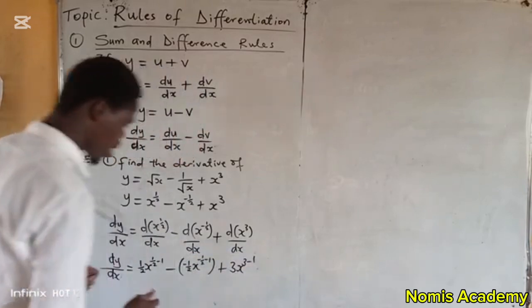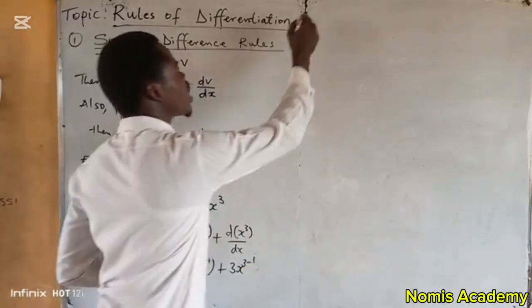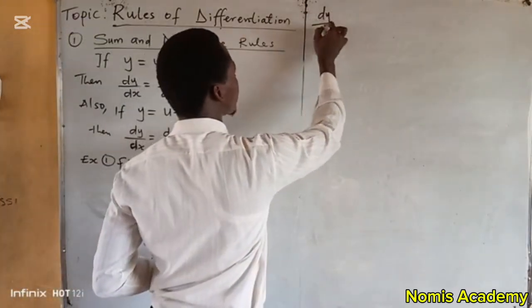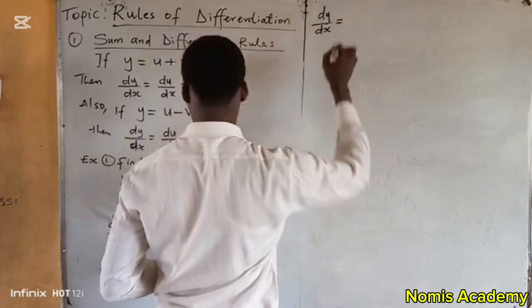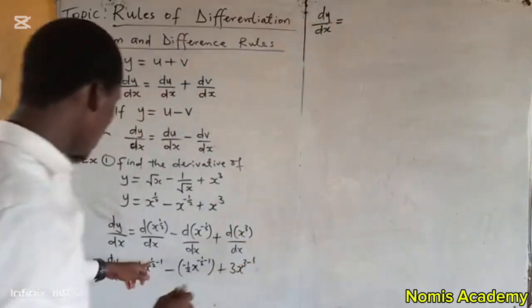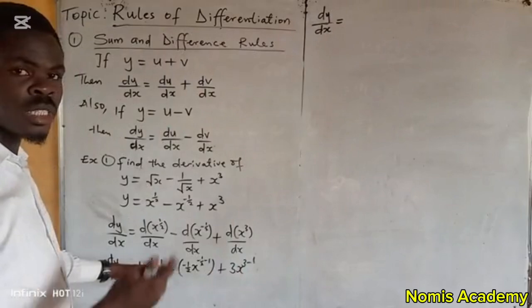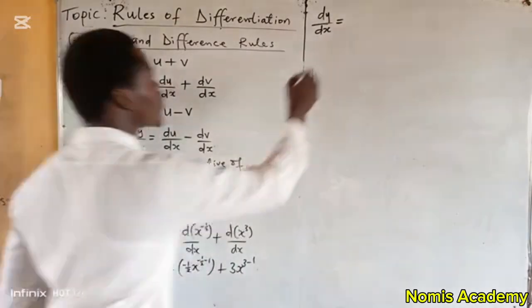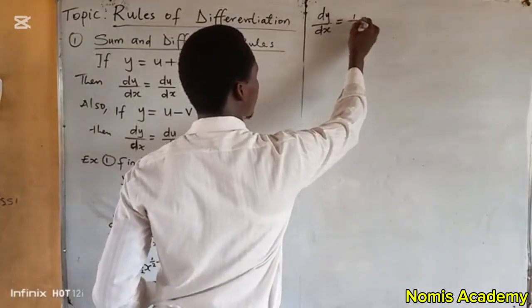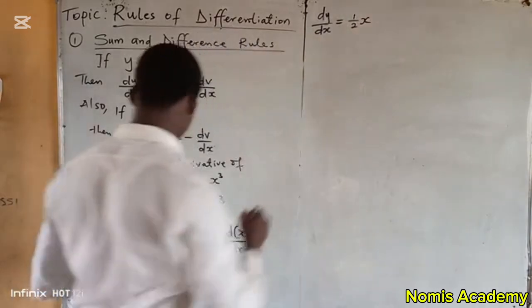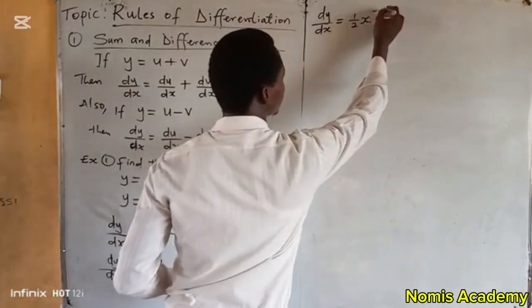So we have dy over dx equal to: half minus 1 is minus half, so we have the coefficient 1 over 2, x raised to the power of minus half.